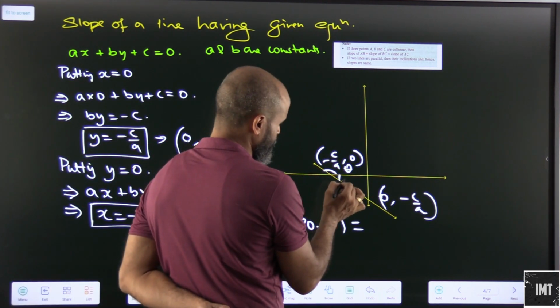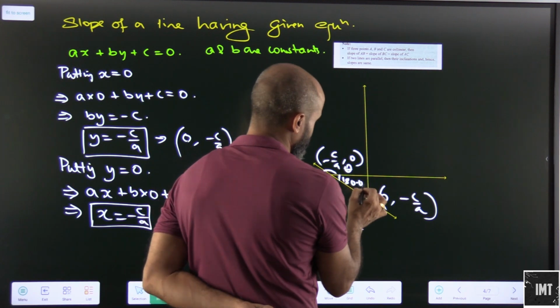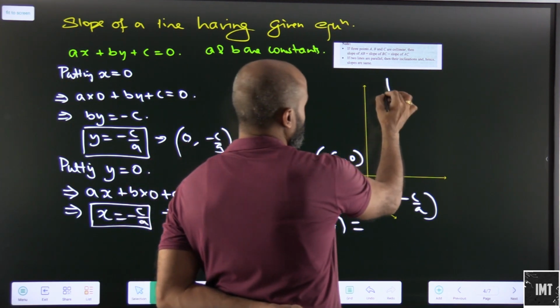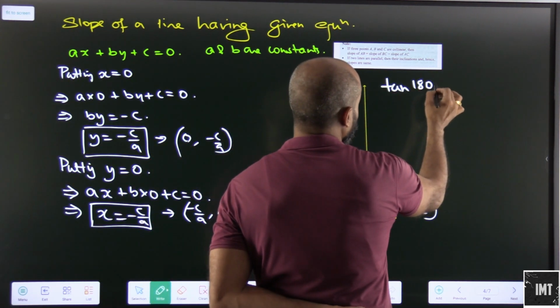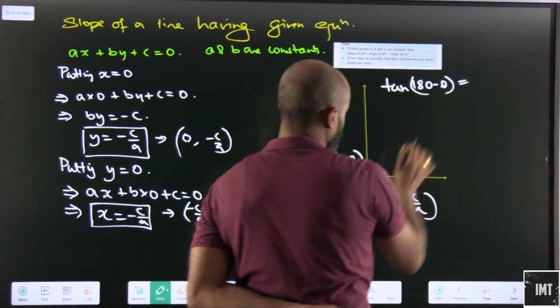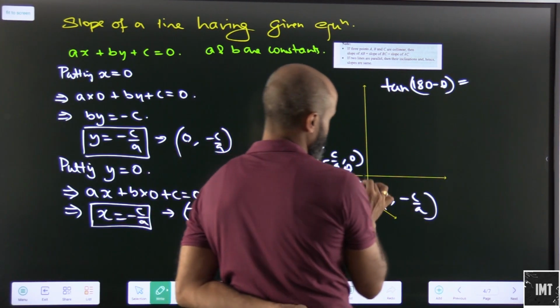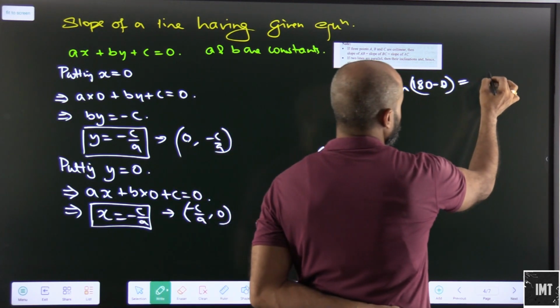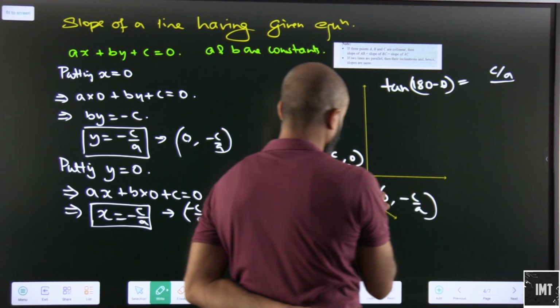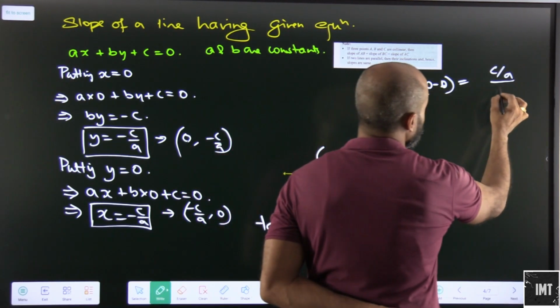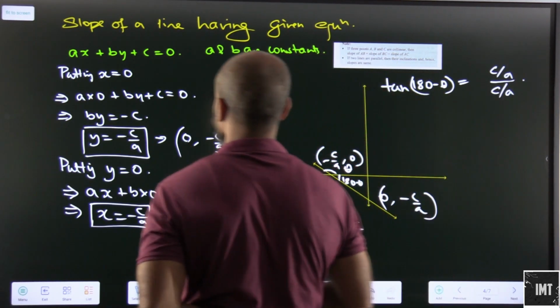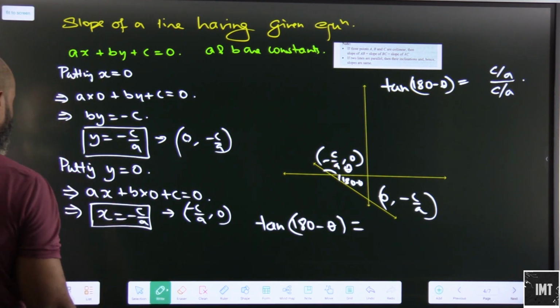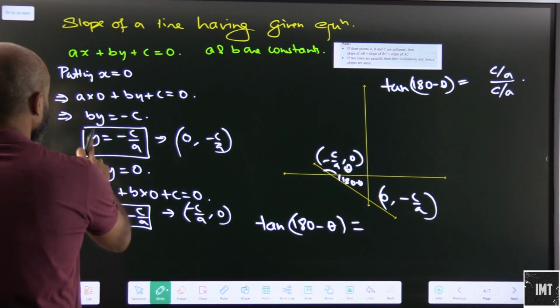If this is theta, obviously this will be 180 minus theta. So if I look into this triangle, tan of 180 minus theta is going to be how much? We can say that the distance is c by b.